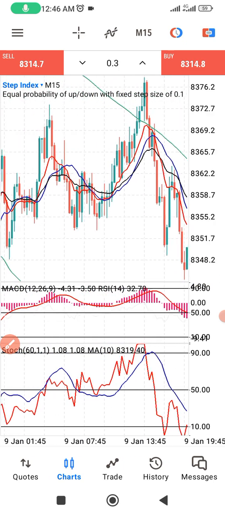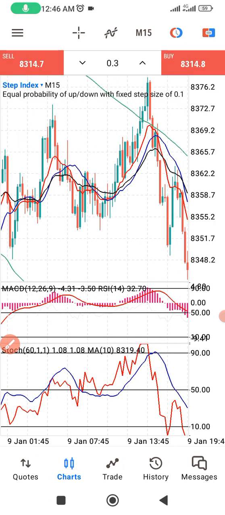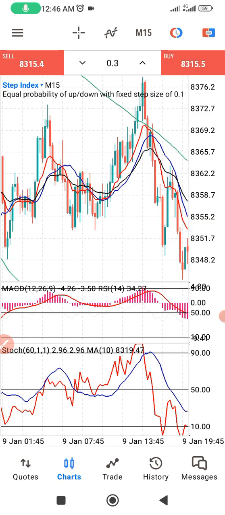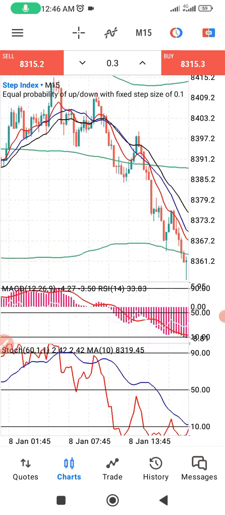Then look at our indicator window: we have the MACD default setting, and in indicator window 2 we have the stochastic oscillator with period 60. And then we have moving average 10 exponential as part of our signal for entry.